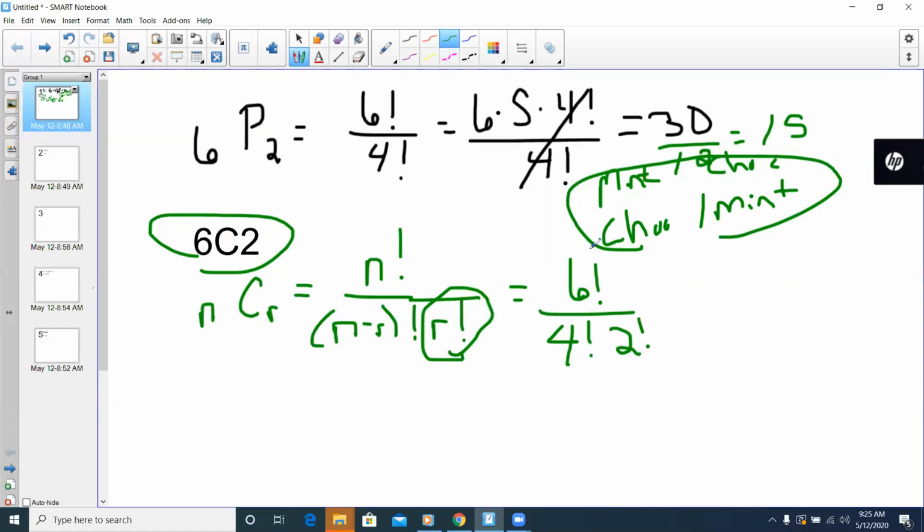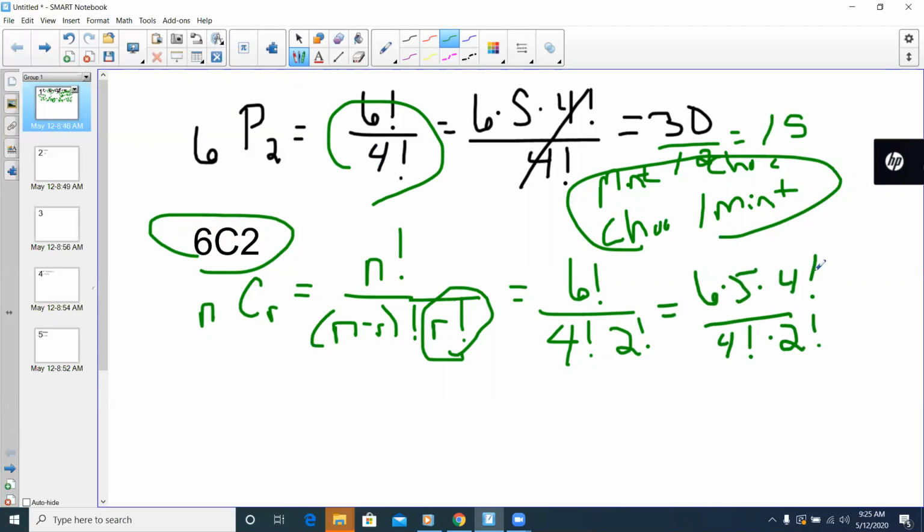So see the difference here and here? See how I have the 2? I'm dividing off that, or the arrangements of the 2 flavors, right? So this is going to be 6 times 5 times 4 factorial over 4 factorial times 2 factorial. Notice these divide off. This is going to be 30 divided by 2 factorial. 2 factorial is 2 times 1. So 30 divided by 2 is 15. So now we get our 15.